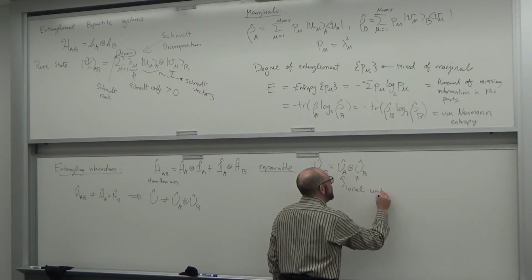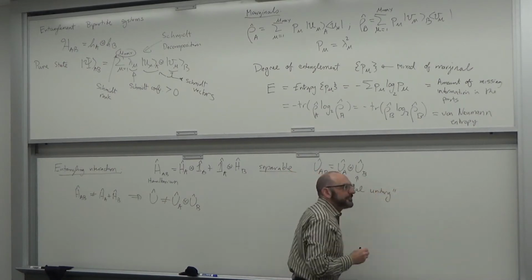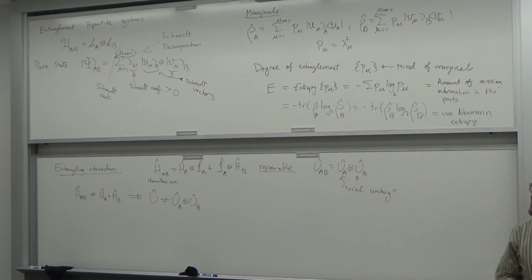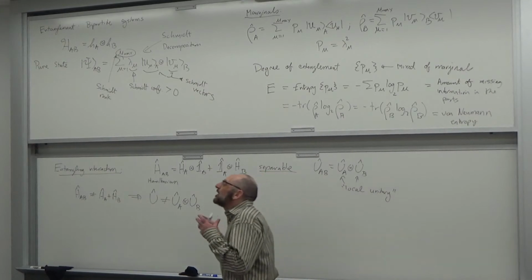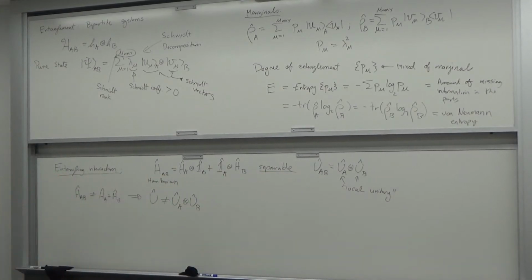The notion of local here is just a statement of subsystem A versus subsystem B. At the moment, it's not about space, time, locality, but we'll come to that in a moment.